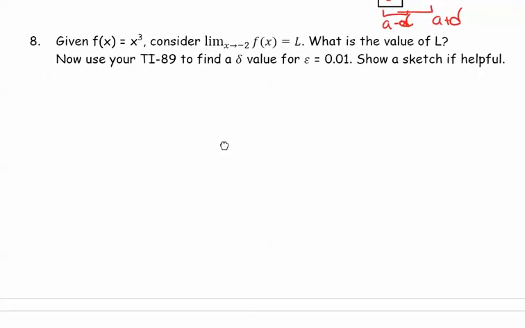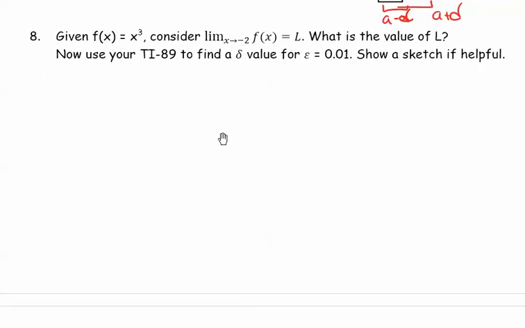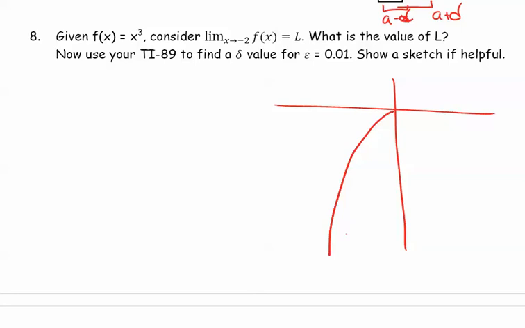All right, I will try to give you the basics of these next tolerance window problems. So if we're interested in x cubed as x approaches -2, and I'm going to exaggerate here in my graph, we know what the cube function looks like, and at -2 we know our value of the limit is -8.